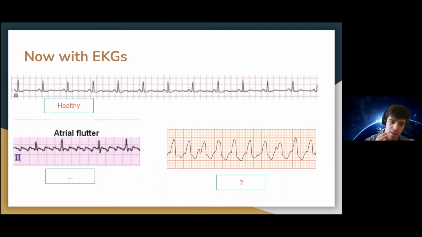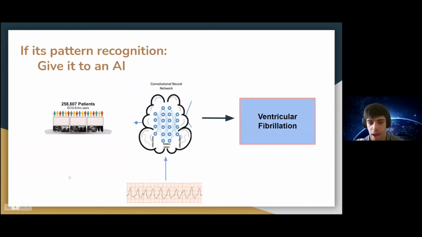Is the point, when teaching EKGs, that we want to teach this pattern matching? Or do we want to try and get an intuition for how to translate the EKG into a spatial understanding of what is happening in the heart? If we wanted to just do pattern recognition, we are not superior when it comes to pattern recognition.